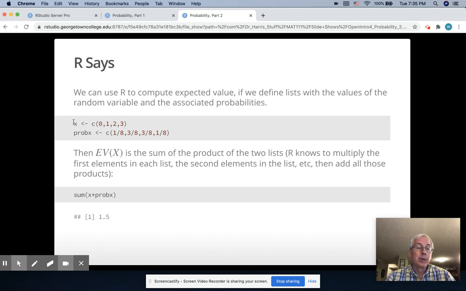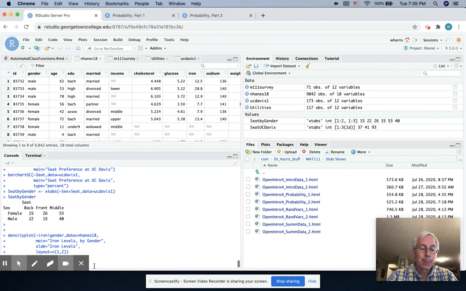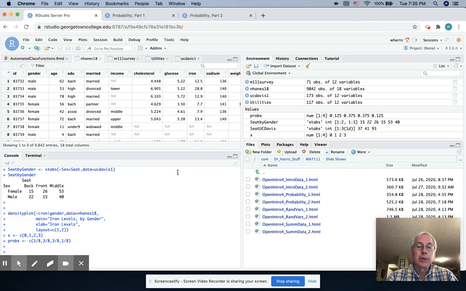So we can enter this into RStudio. We've entered those values into the variables.